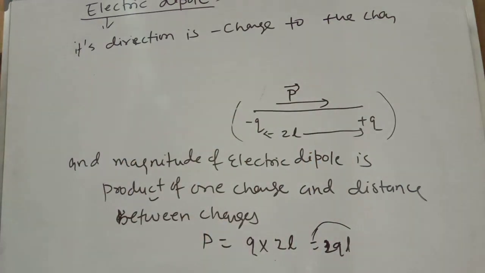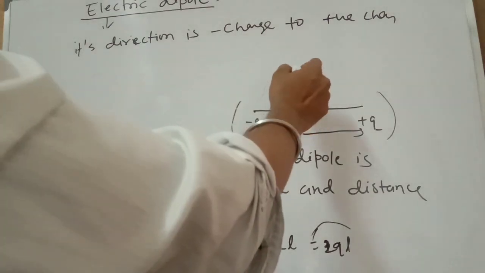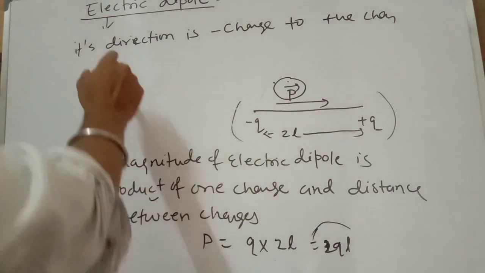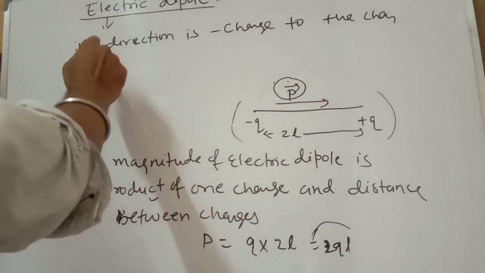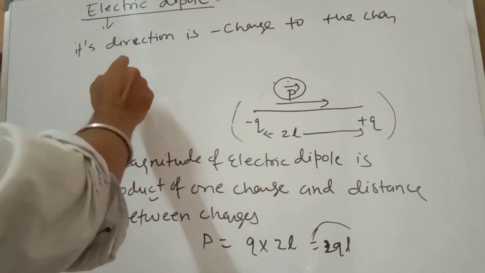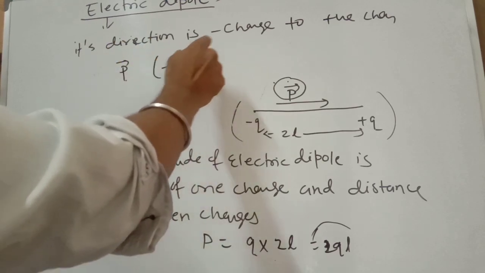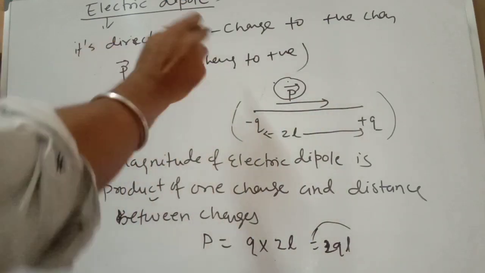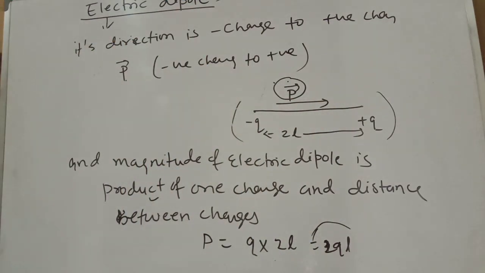It is the direction of electric dipole moment. You can write it in vector form also: the direction of P is from negative charge to positive charge. That means the direction of electric dipole moment is negative charge to positive charge.